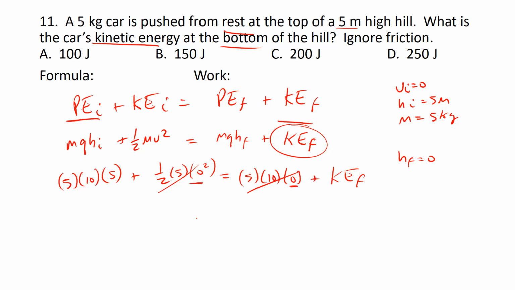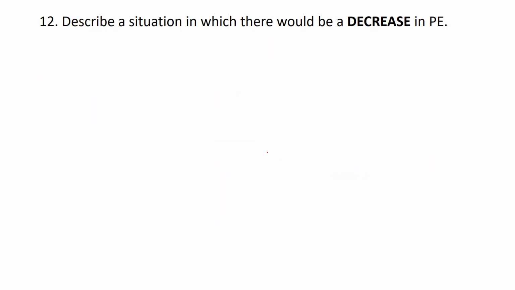So all we have to do now is figure out what this is, and that's going to be equal to the KE final. So 5 times 10 times 5 equals 250 joules equals KE final. And so the PE initial equaled the KE final. So once again, I just took this equation and used it how I needed to, and this is what happened.